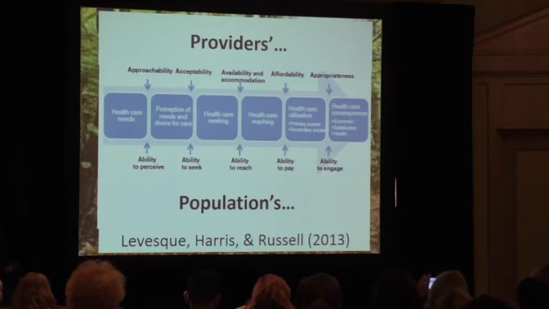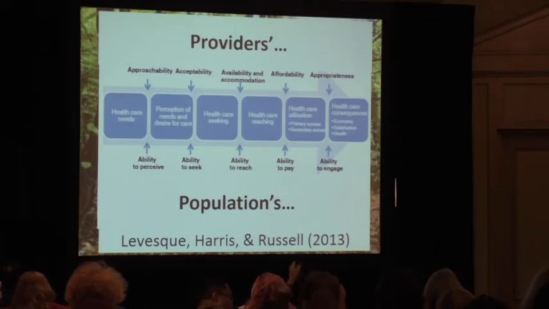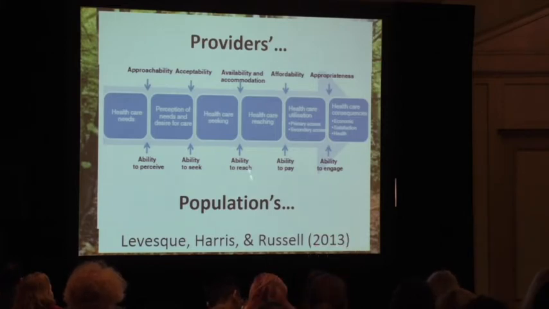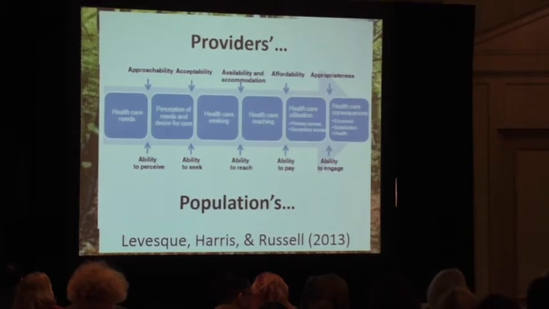So, for instance, they have to know what a speech language pathologist or a voice teacher is, and that they actually do have skills that might be beneficial to changing their voice and communication presentation. This is a little bit like health literacy or financial literacy, and you just have to even know it exists in order to learn about it. And so, of course, problems at any of these can create barriers towards moving towards that healthcare consequence or outcome. So let's look first at the provider's side.